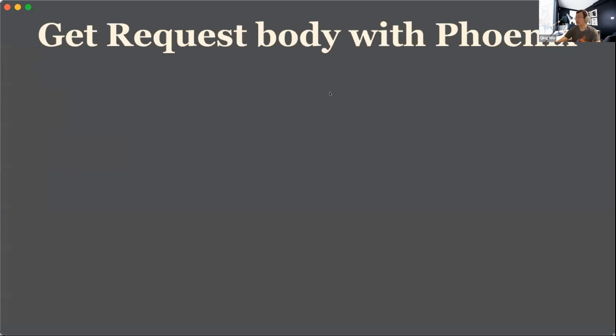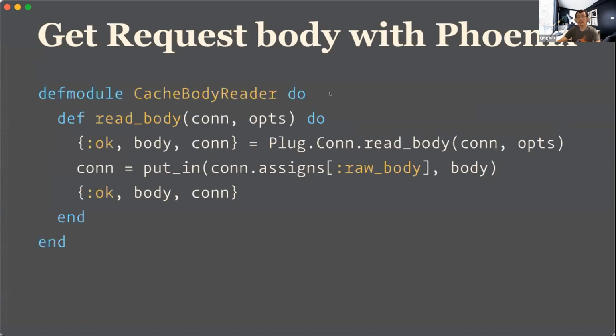In order to gain access to the raw request body, we need to create a custom parser, which looks like this. Essentially, we grab the body with this plug function, and then we put it in a new assign called raw_body.